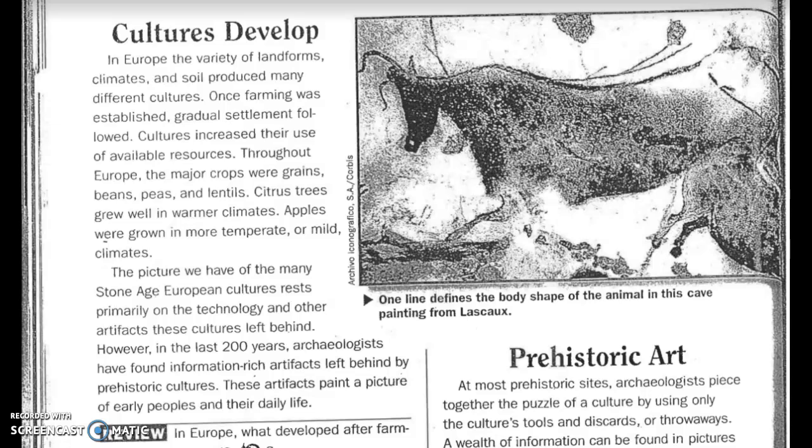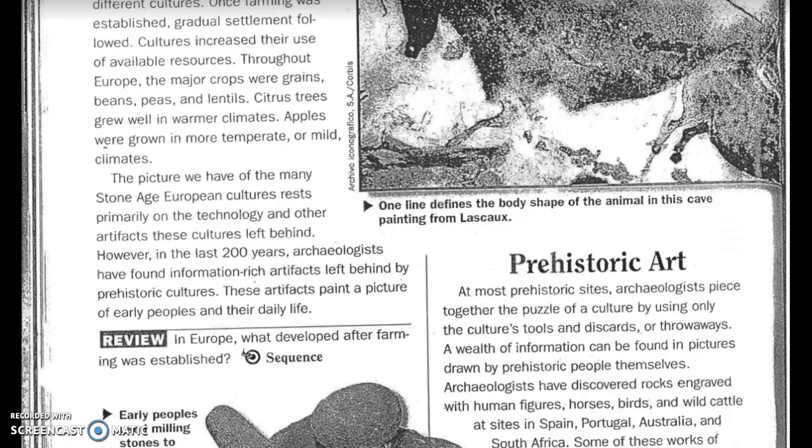Throughout Europe, the major crops were grains, beans, peas, and lentils. Citrus trees grew well in warmer climates. Apples were grown in more temperate, or mild, climates. The picture we have of the many Stone Age European cultures rests primarily on the technology and other artifacts these cultures left behind.